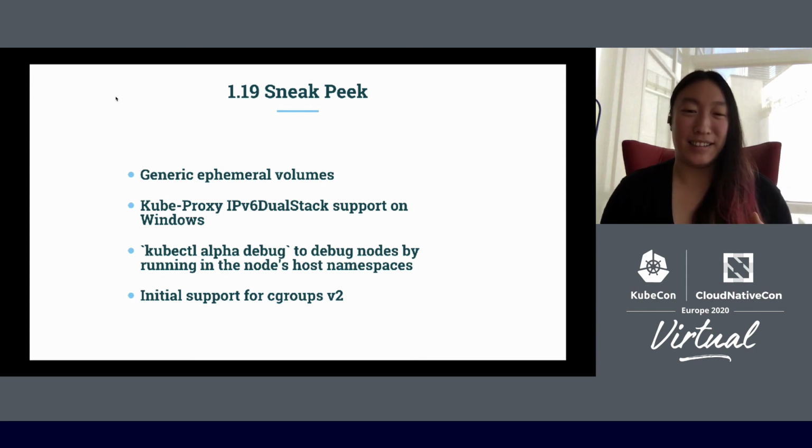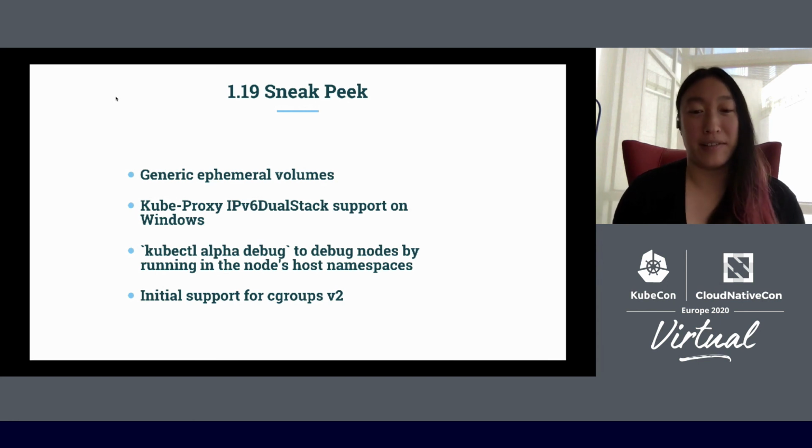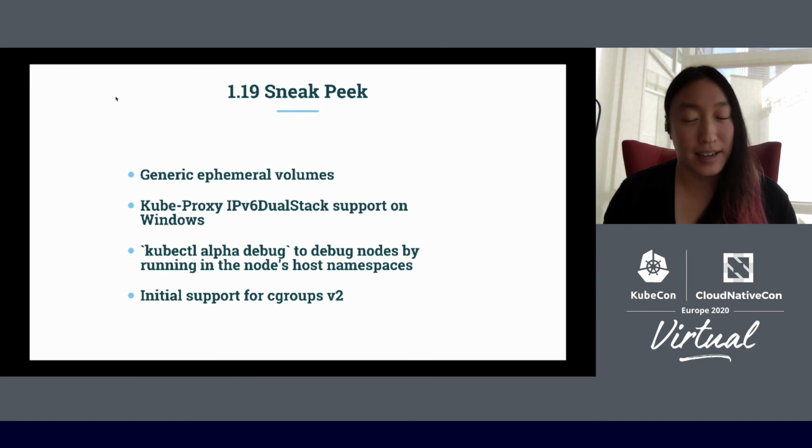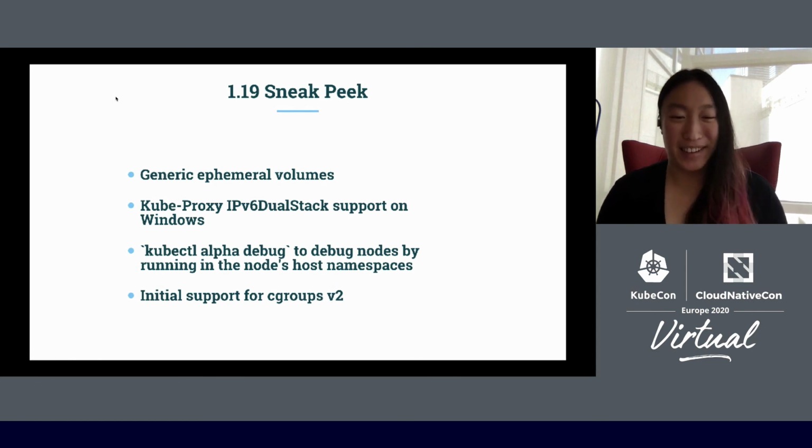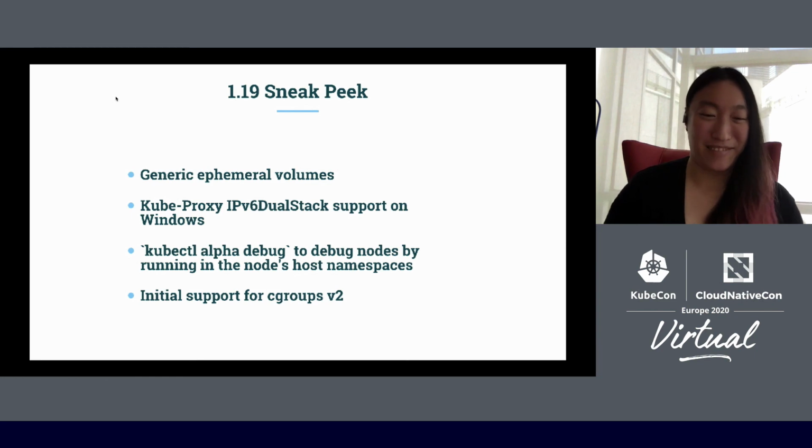And there's IPv6 dual stack support on Windows. And then even more to the kubectl debug workflow, you can debug nodes by running in the node's host namespaces. And last but not least, there will be support for cgroups v2. So everyone who's been complaining about it until now, you can relax now.